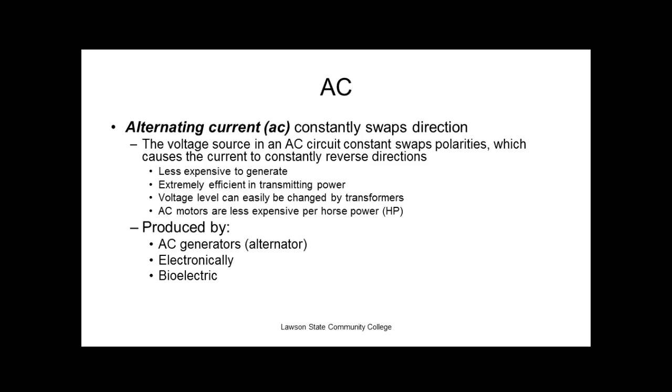Alternating current constantly swaps directions. The voltage source in an AC circuit constantly swaps polarities, which causes the current to do what? Constantly reverse. So in AC, there's no such thing as positive and negative, because it swaps so fast that we consider AC not to have a polarity.